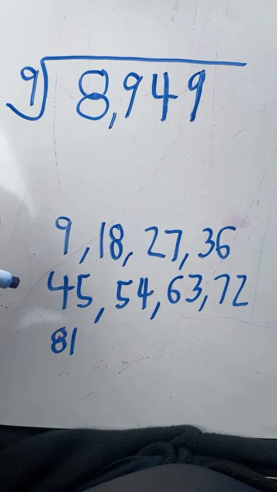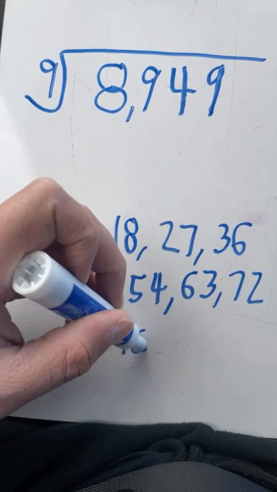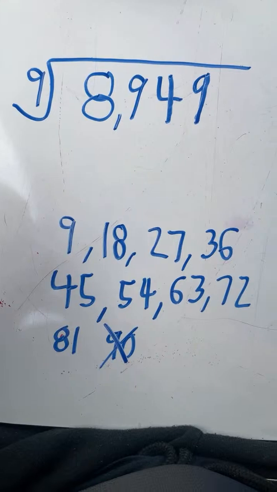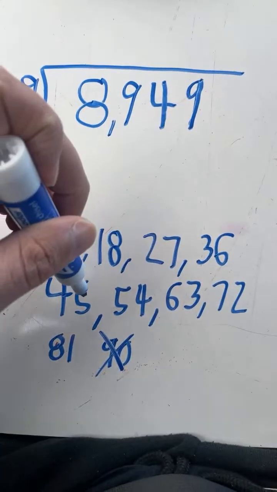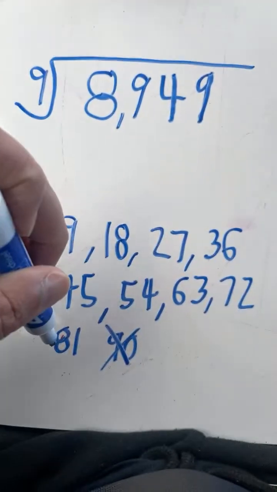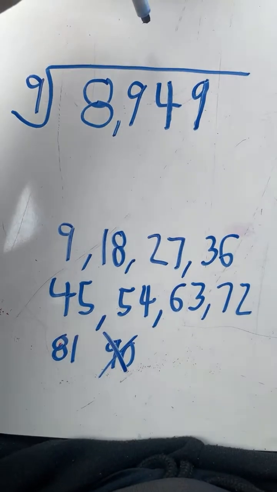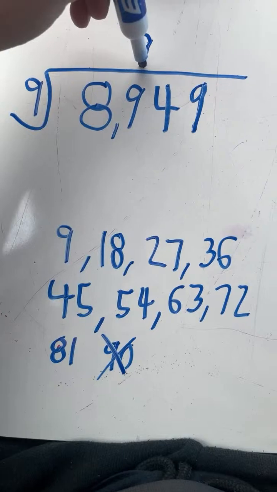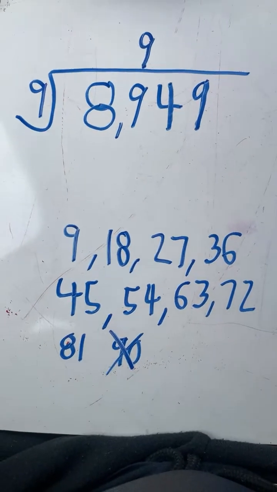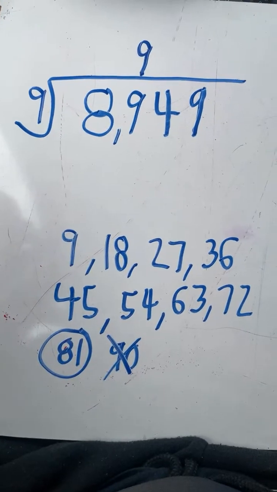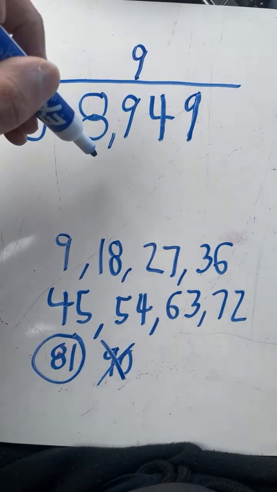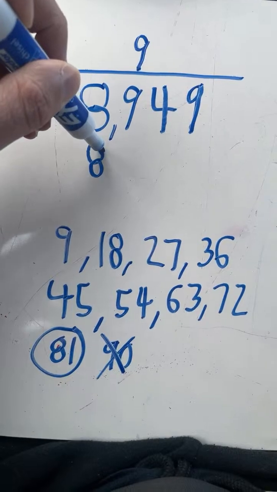Now, if I count by 9 again, I'll be at 90, and 90 is too far. We'll have passed 89. But I was able to get 1, 2, 3, 4, 5, 6, 7, 8, 9 groups of 9 within 89. Now, since 81 was the closest we could get to 89 without passing it, 81 is what we subtract.